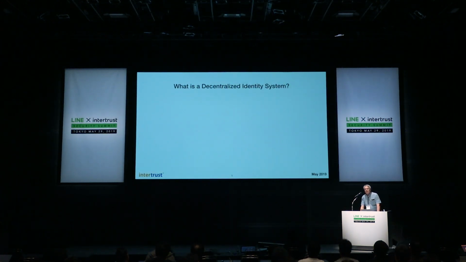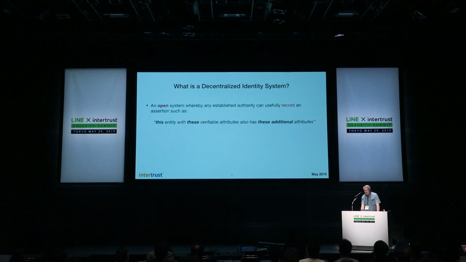So what is a decentralized identity system? Very simply, it's an open system whereby any established authority can usefully record an assertion such as this entity with these verifiable attributes, take one or more from the list in the previous slide, also has these additional attributes, some new attributes that you want to bind to the identity established in the first part of the phrase.